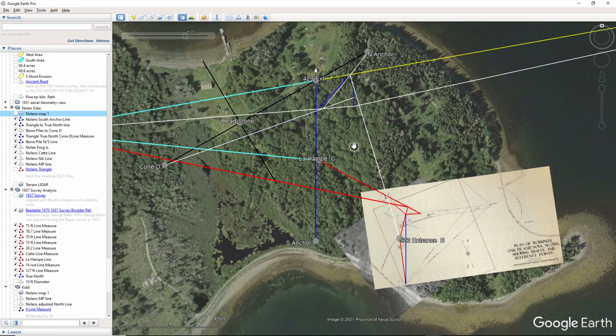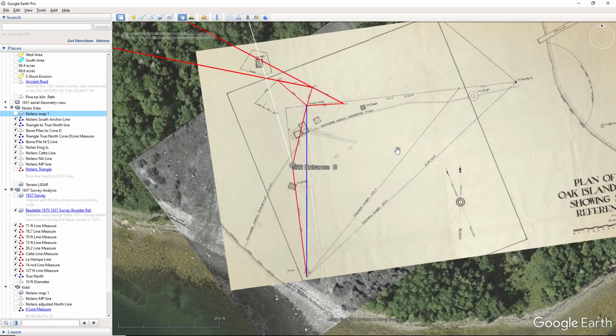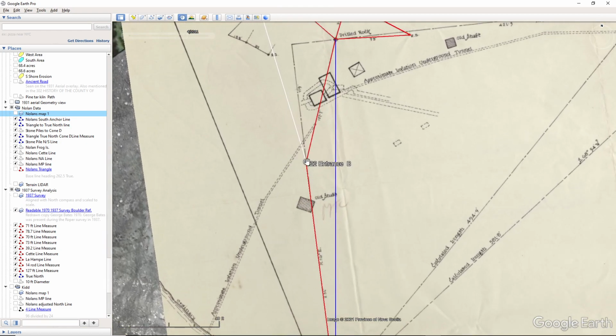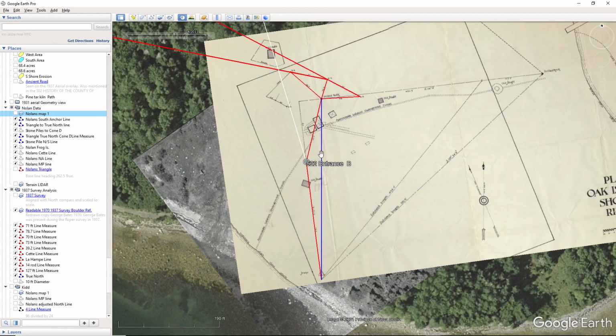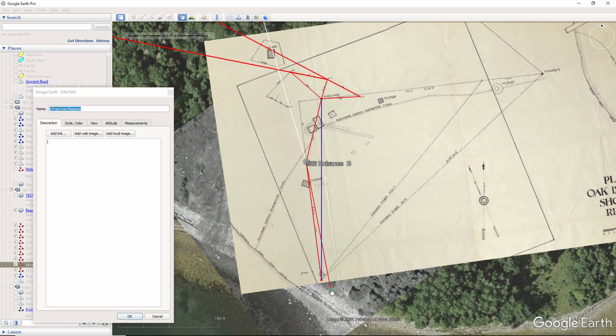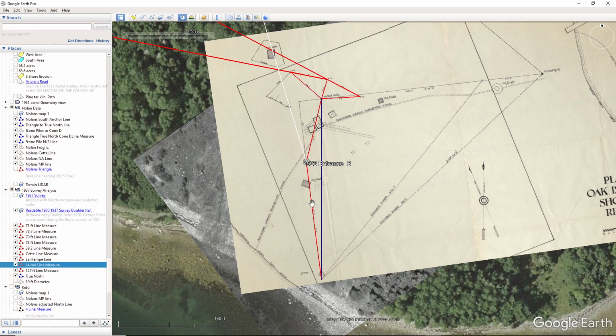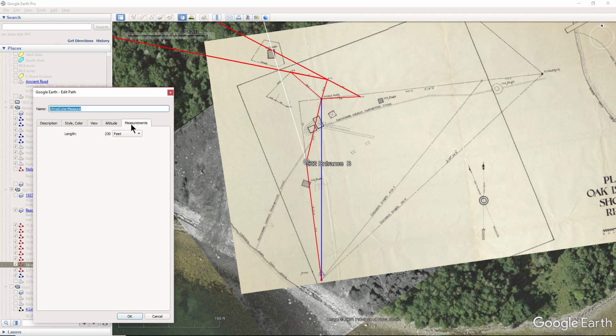I did a little playing around since this survey is basically really concentrating on this point right here, and that it is called out in rods because this distance right here is 231 feet. Oops, it always does that. This distance here is 231 feet.